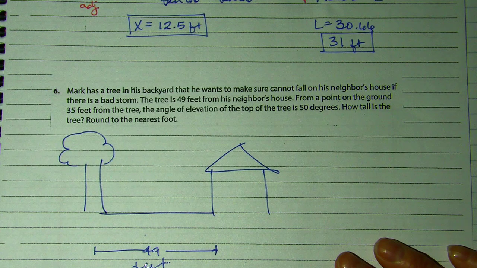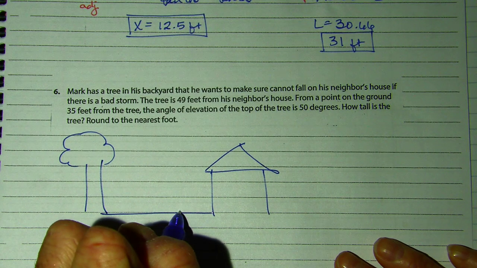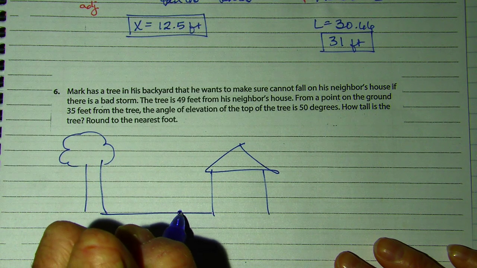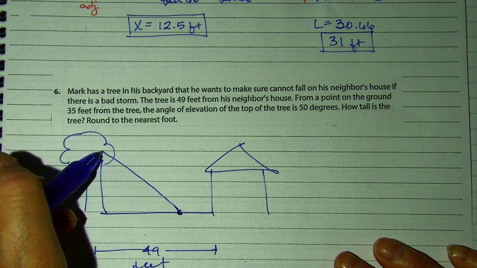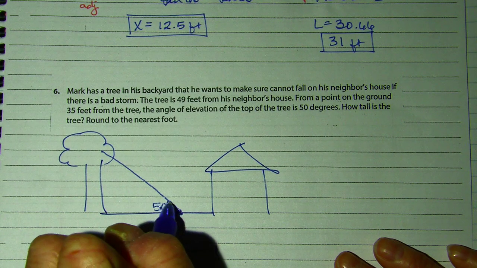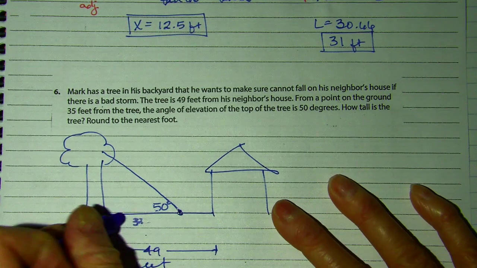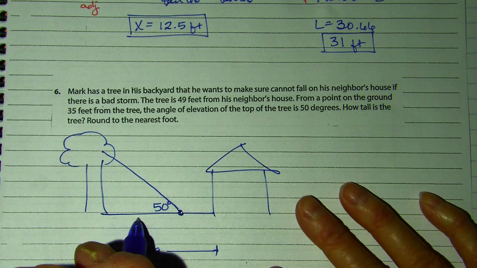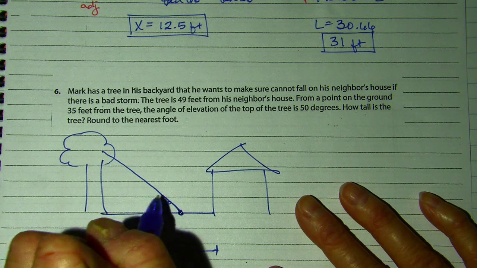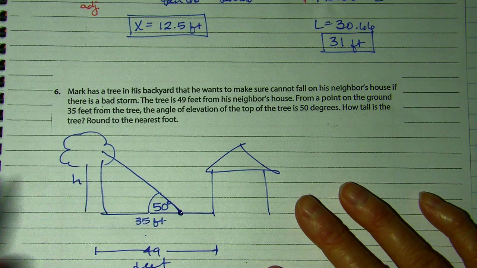From a point on the ground 35 feet from the tree, the angle of elevation to the top of the tree is 50 degrees, and it said that this point is 35 feet. And it wants to know the height of the tree.